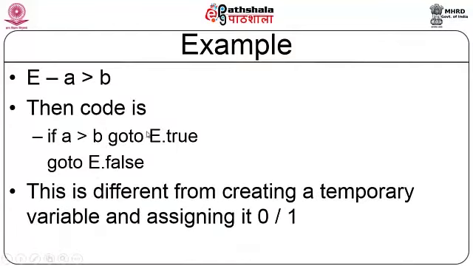Rather than generating a temporary variable and assigning a value of 0 or 1 depending upon whether the expression is false or true, this is not going to be done; you are going to deal with everything with respect to this particular context.